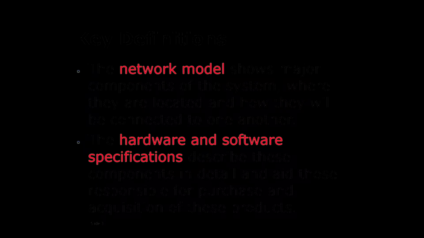Similarly, for a software specification, we need a client based or a server based system or some application software or some utility software as well. So what we need to do, we need to have a proper plan on these hardware and software specifications before establishing or before forming a network or a computer architecture.